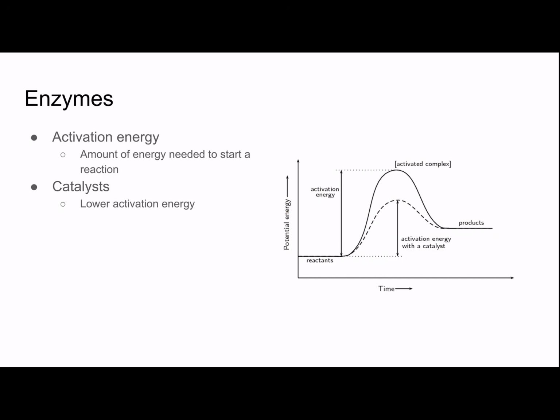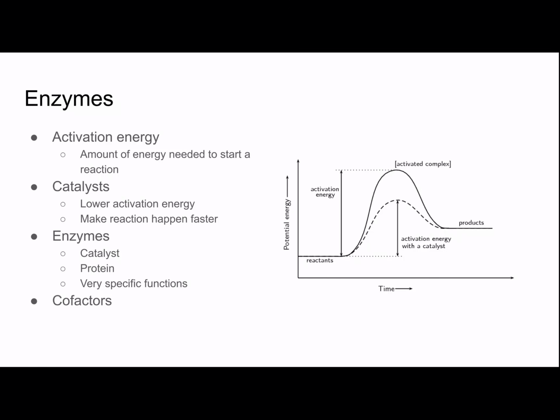Catalysts are things that lower activation energy. So they make the reaction happen faster. Enzymes are examples of catalysts. They are specifically proteins with very specific functions.